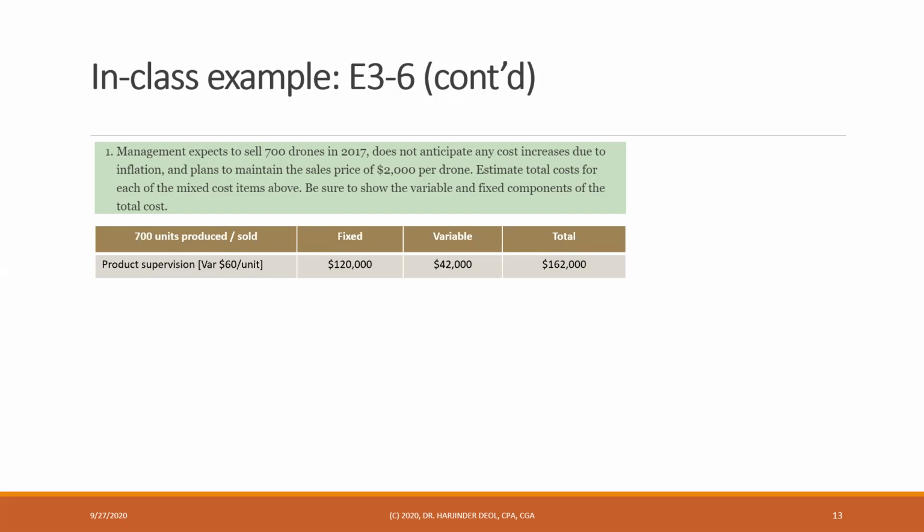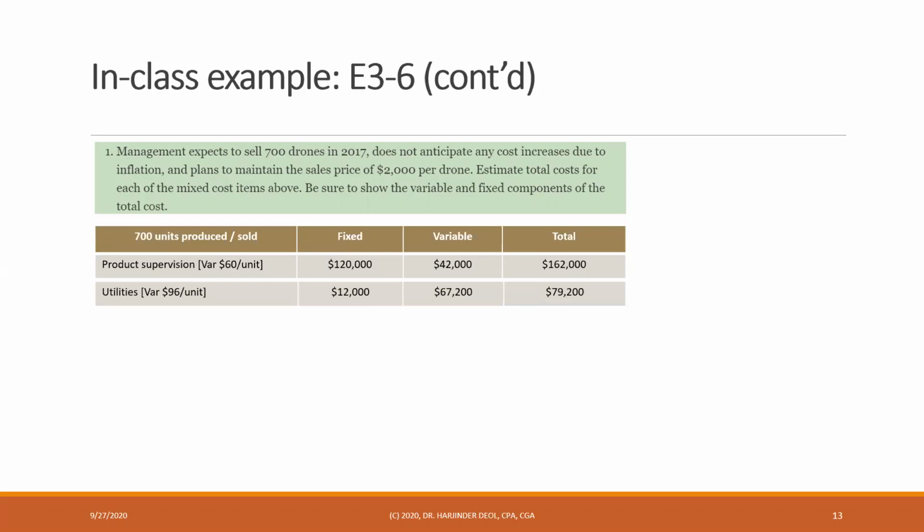So if we are estimating to produce 700 units, our fixed cost is still going to be the same. That is $120,000 for production supervision salaries. Your variable cost was $60 per unit. So $60 per unit multiplied by the 700 units we are producing gives us a total variable cost of $42,000, and the total of fixed and variable cost is $162,000.